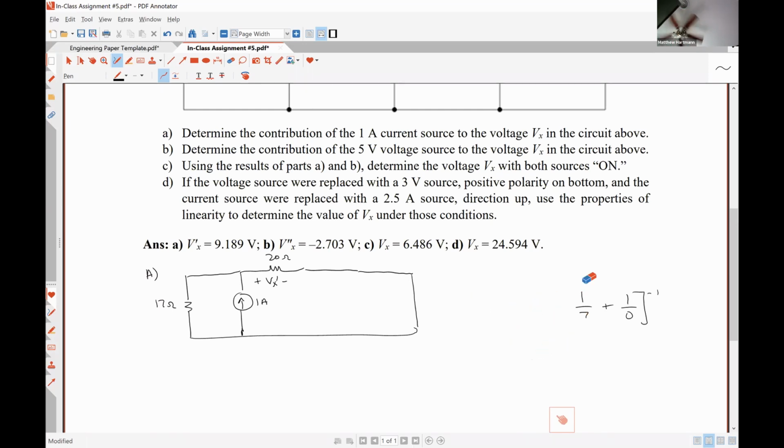So how can we go about finding the quantity Vx prime now? I found the current over the 20 ohm resistor, and then just did Ohm's law. Okay, so you're suggesting we find the current flowing through the 20 ohm resistor and then apply Ohm's law. Nothing remotely wrong with that.